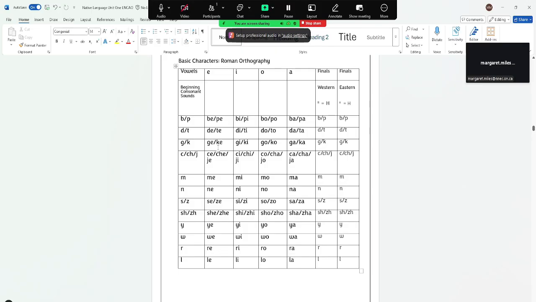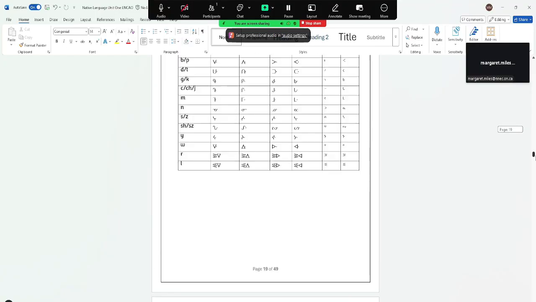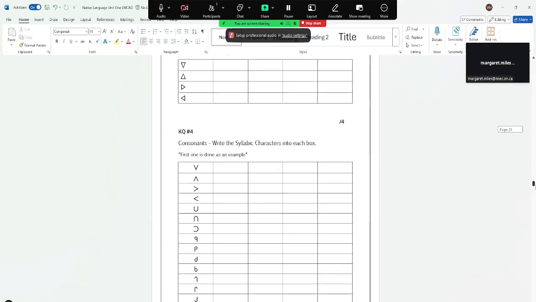G, K, Ch, J, M, N, S, Sh, Y, W, R, and L sound going down. So this is how you see the charts, the examples.